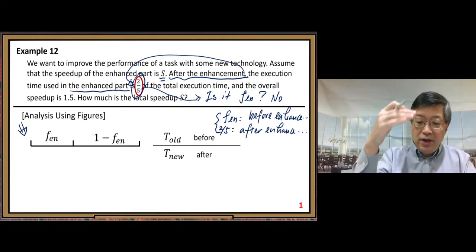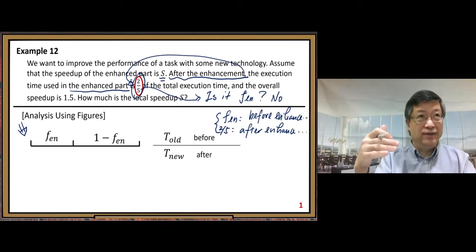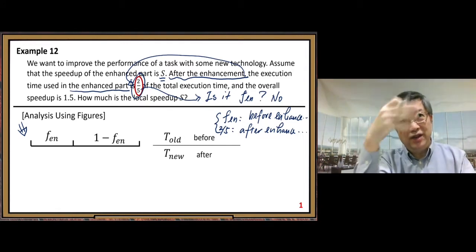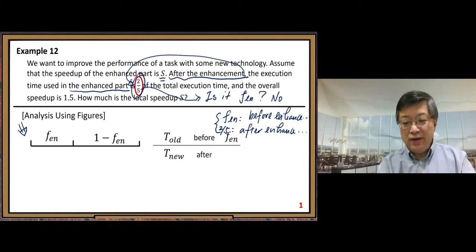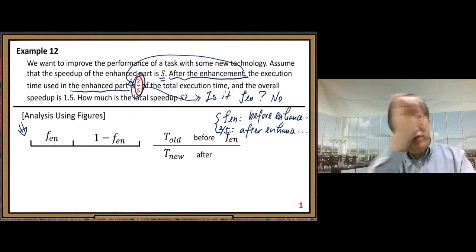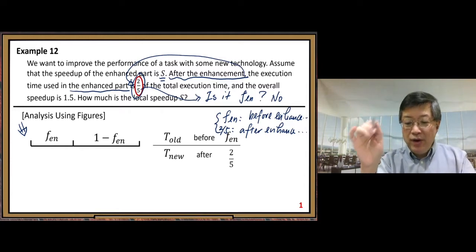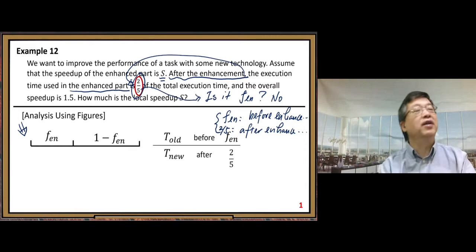Now, T old, before, after. So we use this timeline to help us understand how we put those numbers. FEN we put in the before part, the before enhancement part. 2/5 we put in the after enhancement part.